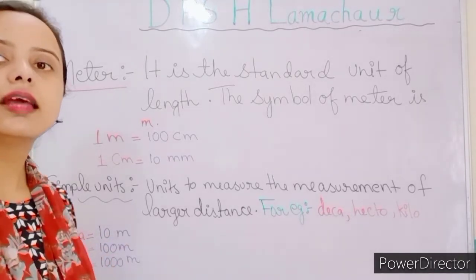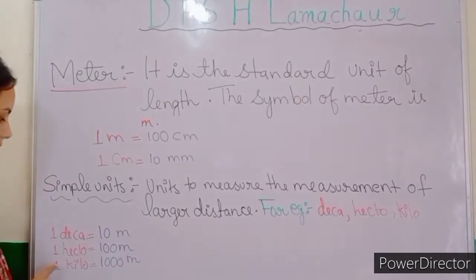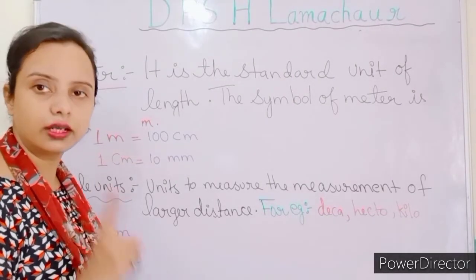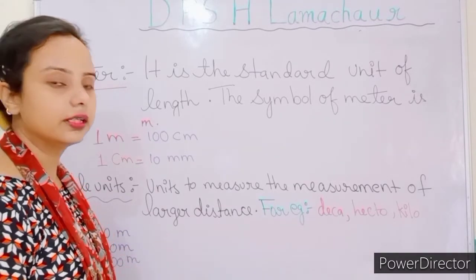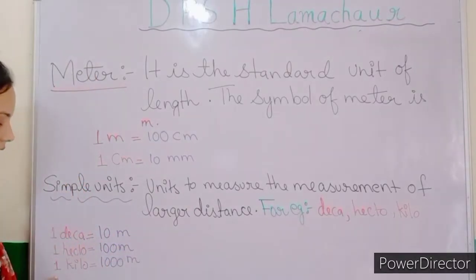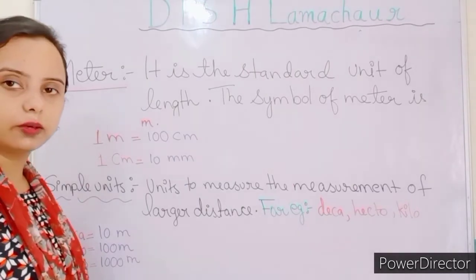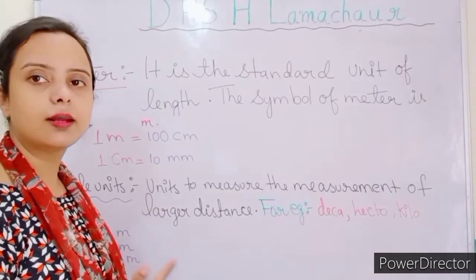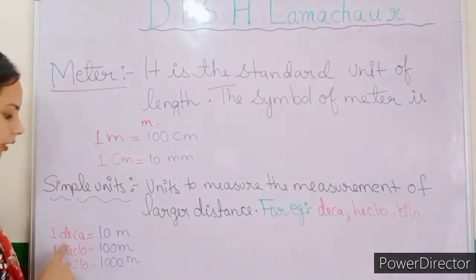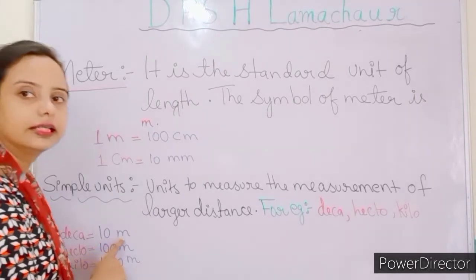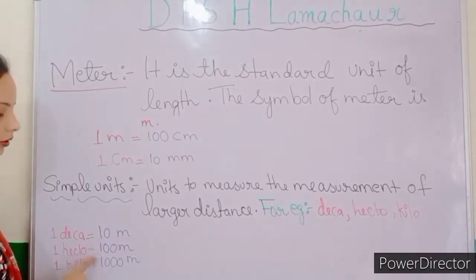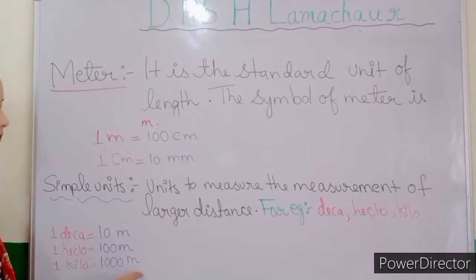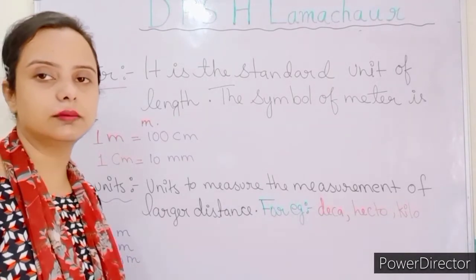In 1 deca there are 10 meters. In 1 hecto there are 100 meters. In 1 kilo, or 1 kilometer, how many meters? 1000 meters. So in 1 decameter there are 10 meters, in 1 hectometer there are 100 meters, and in 1 kilometer there are 1000 meters.